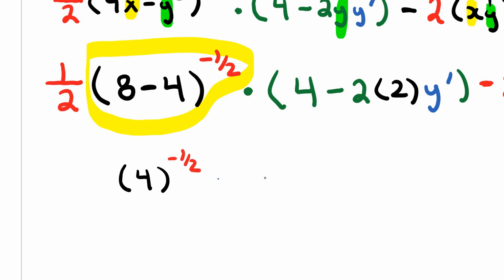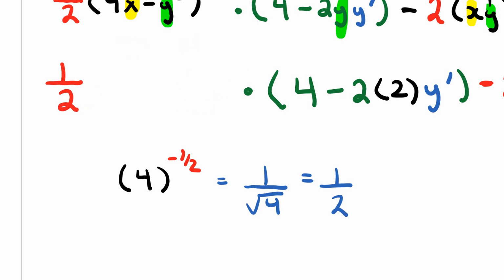And I know this equals 1 over the square root of 4, and 1 over the square root of 4 is going to be 2, 1 over 2. Okay, so let's go ahead and erase this part here, and we are multiplying this by 1 over 2. And I know that 1 over 2 times 1 over 2 is 1 over 4. So I'll erase all this now, and this will be 1 over 4.